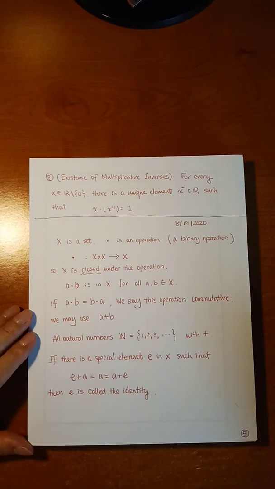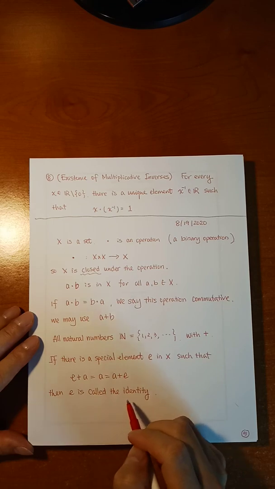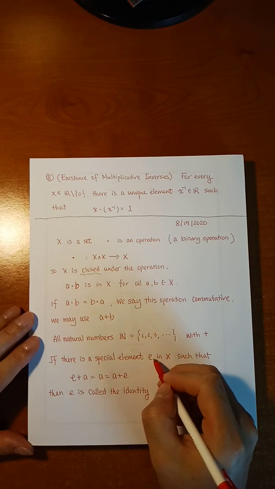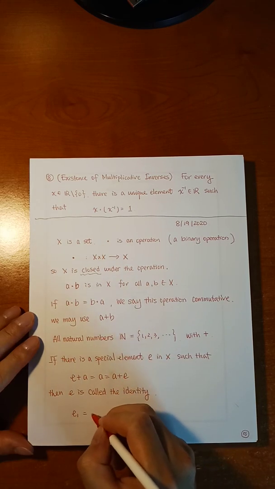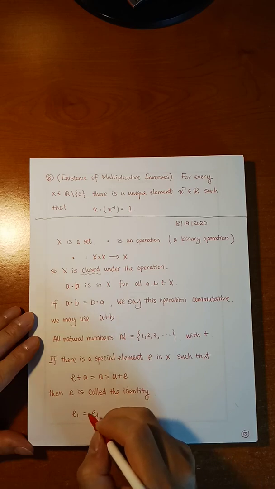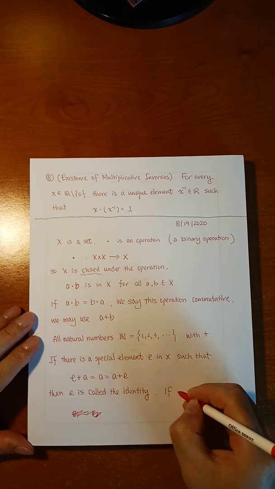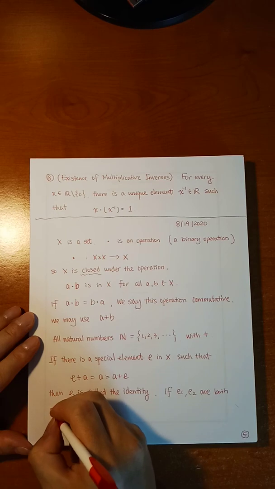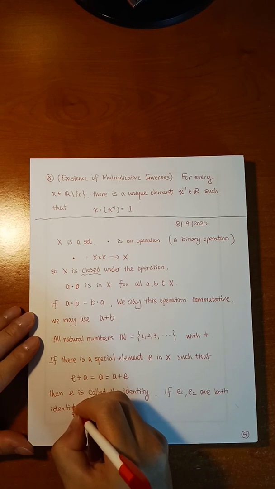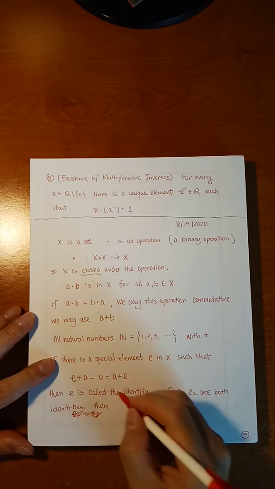Okay. This identity, we say a special element. Maybe there's another one, but here we call it the identity. Actually, if you have more than one, they should be equal. If E1 and E2 are both identities, then first we consider A as E1.